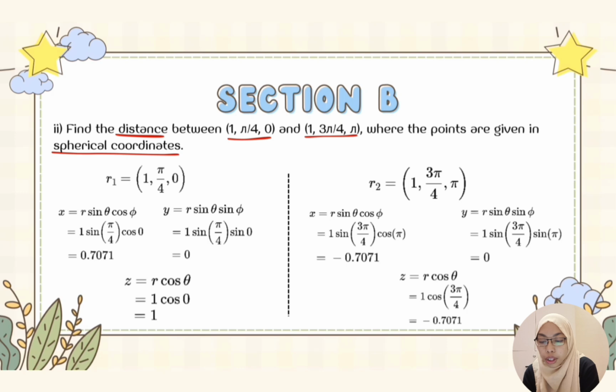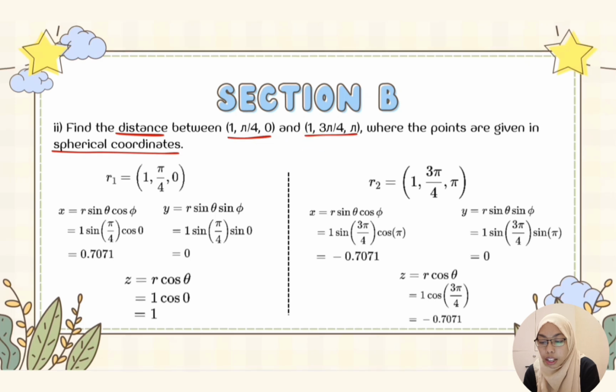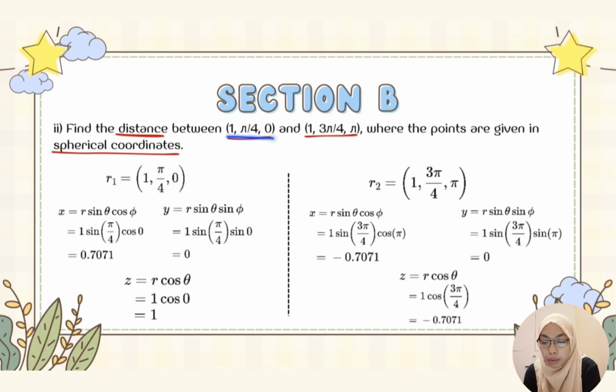Next is the second question for Section B. Find the distance between (1, pi over 4, 0) and (1, 3 pi over 4, pi) where the points are given in spherical coordinates. You know that these coordinates are in spherical coordinates, which is r, theta and phi. So, we need to change it into Cartesian coordinates. We assume that this one is r1 and this one is r2.